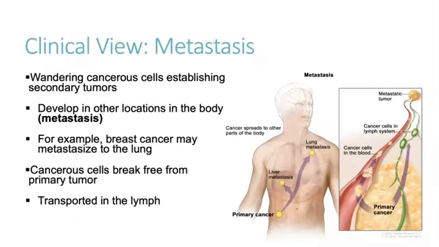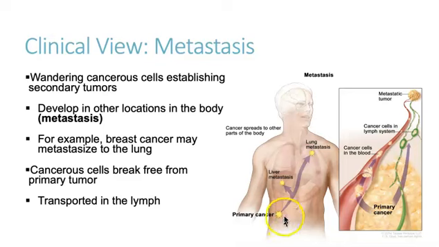But before we get into those structures, let's talk about a clinical view of metastasis. This is when we have wandering cancer cells establishing secondary tumors, meaning that we have a primary cancer that is developed in one area and it gains entry either through our lymphatic system or our circulatory system, and those cancer cells are able to travel elsewhere and create tumors.